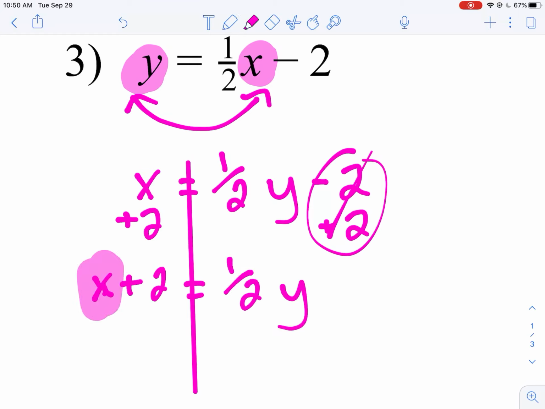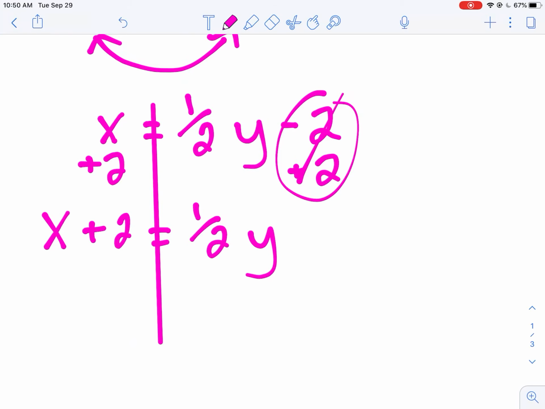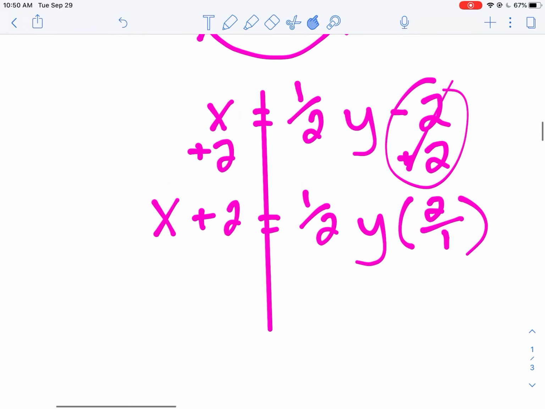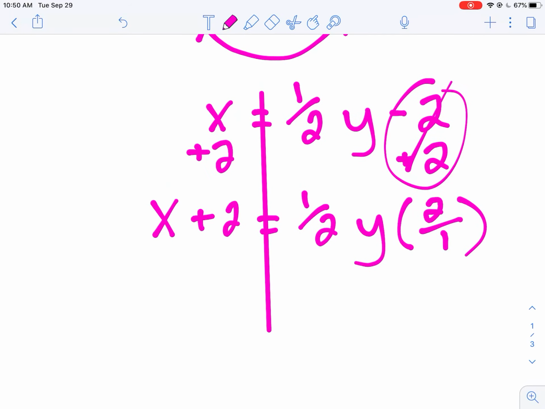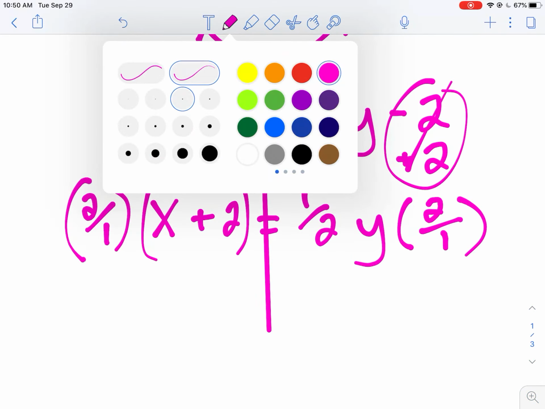So I'm getting there. I'm making some progress. Now again, my goal is I want to get y alone. To undo multiplying by 1/2, I'm going to multiply by 2 over 1, the reciprocal. And I'm also going to do that over here too. So when I do this, guess what?